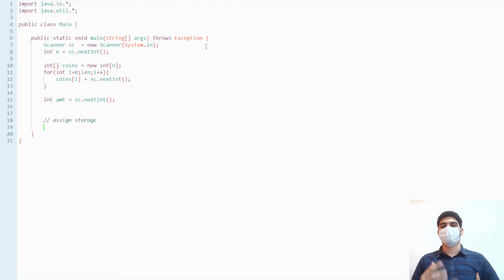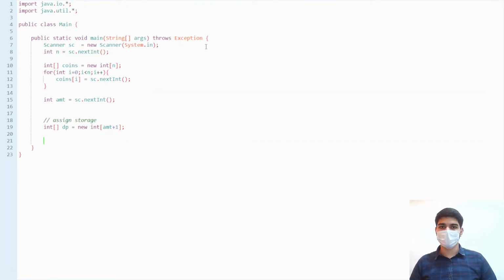What was our storage now? Our storage was an integer dp array of size amount plus 1. So quickly, if we write that, dp is equal to new int[amount plus 1], right? Now what was our base case? Our base case was when we have a summation of 0, which is dp of 0, we don't have to do anything.